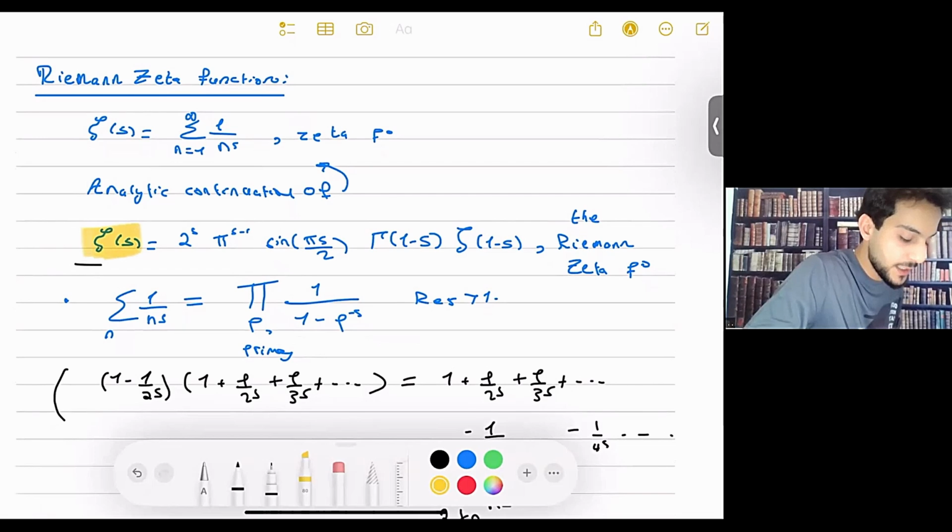Okay, very cool. And now if we go back to the functional equation over here, we see that if zeta doesn't admit a 0 for the real part of s strictly bigger than 1, it cannot admit a 0 for the real part of s strictly less than 0, except for zeros happening at the negative even integers, due to the existence of the sine over here.